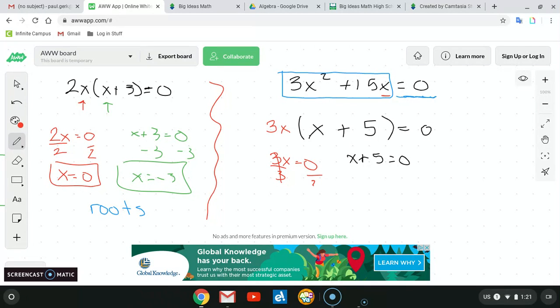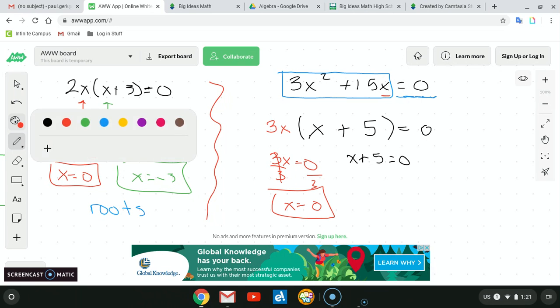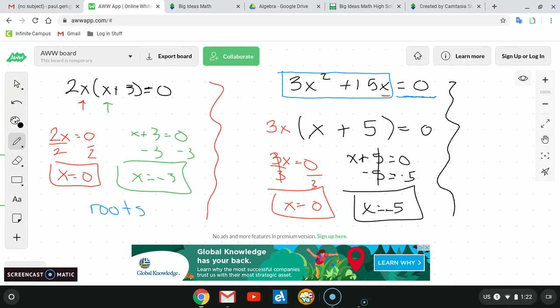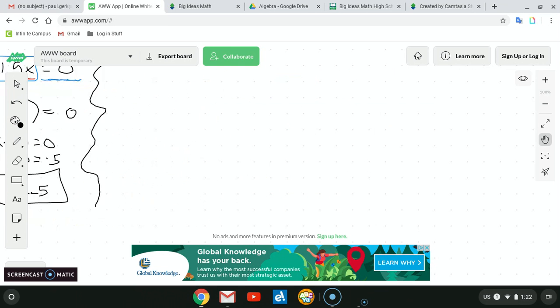Divide by 3, this x equals 0. Subtract 5, this x equals negative 5. There we go. So we're just putting those two processes together. All right, and we'll do one more just so you can see it.